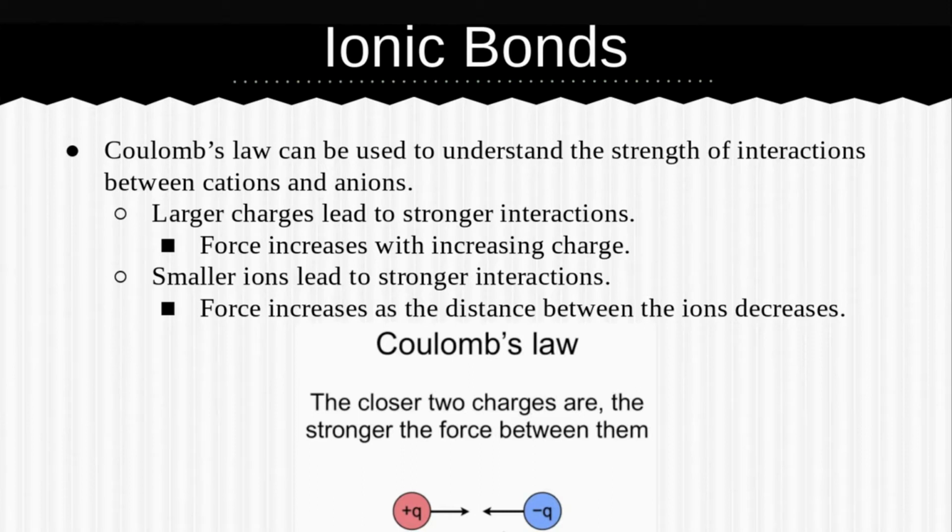The larger the charge, the stronger the interaction will be, so force increases with increasing charge. The smaller the ion, the stronger the interaction will be as well, because the distance between the charges decreases. Since force is charge over distance, force and distance are inversely related, so the smaller the distance, the greater the force will be.